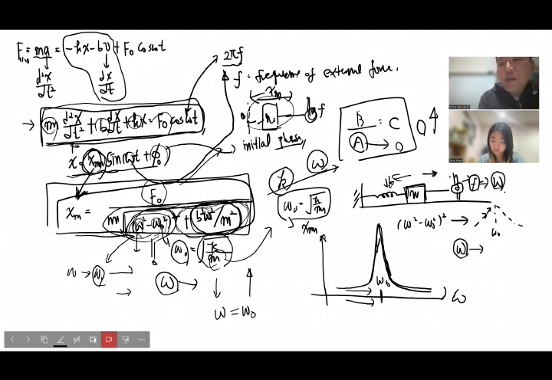So energy loss becomes negligibly small. Okay, so when the external frequency is the same as the natural frequency of the system, that is called resonance.